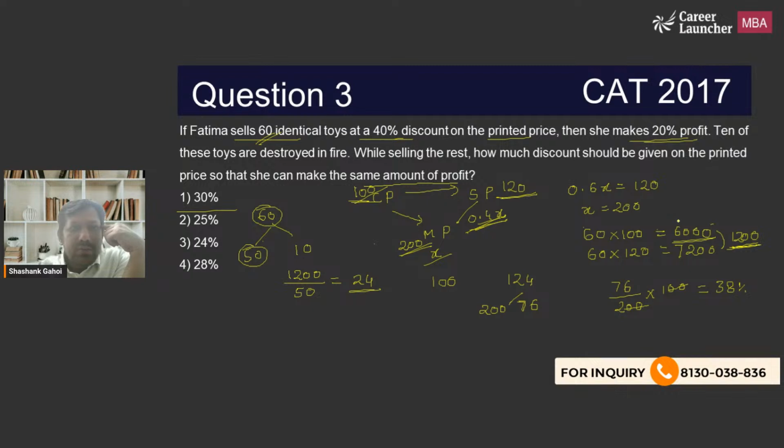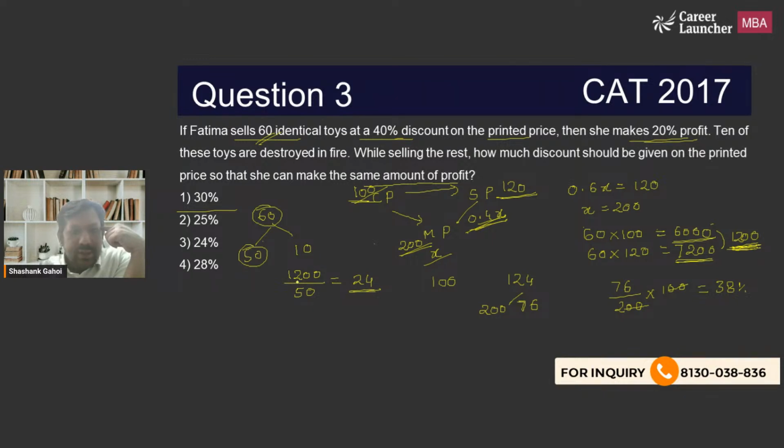She needs to sell them at 7200, so she needs a profit of 1200. So, and out of 60 she needs to gain a profit of 124.